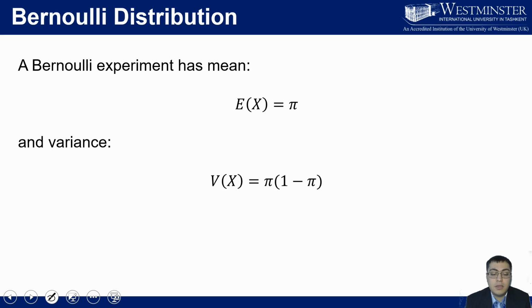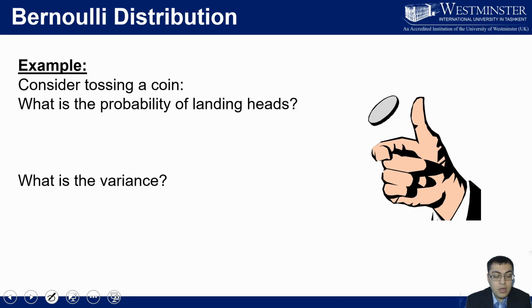A Bernoulli experiment has a mean equal to the probability of a success, right? And the variance is just the product of both of those probabilities that we have. So for example, consider tossing a coin again. What is the probability of landing heads? Let's assume that this is a fair coin.